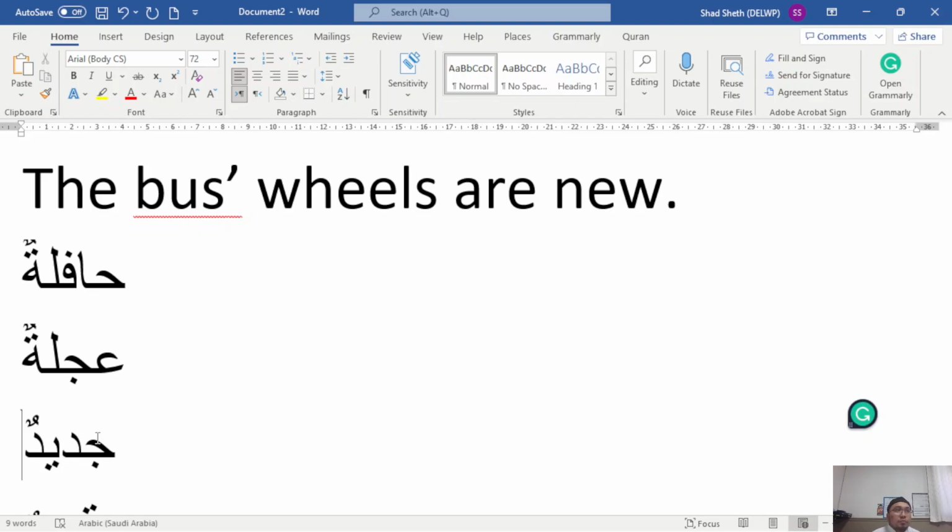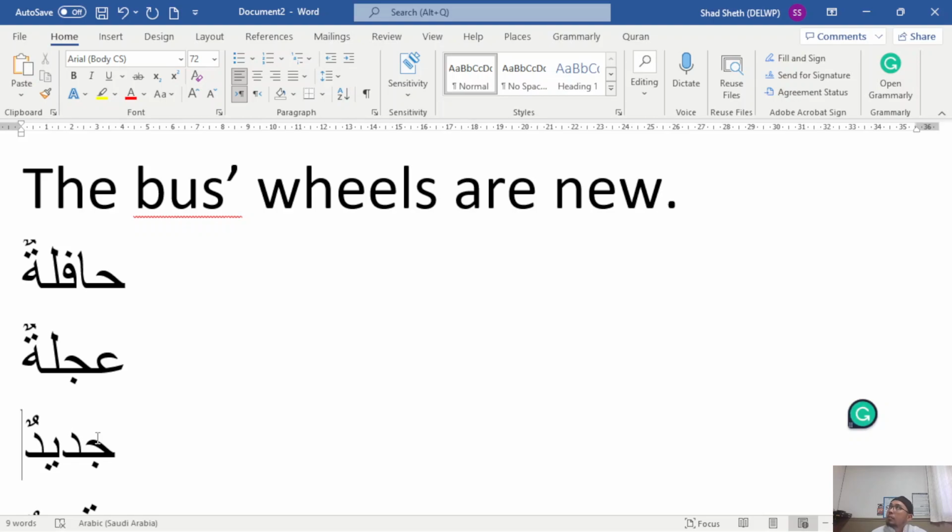Why jadidatun? Because the wheels are plural, it will become singular feminine. You got it? The bus wheels are new. So you're not talking about the bus, we're talking about the wheels. That's why.